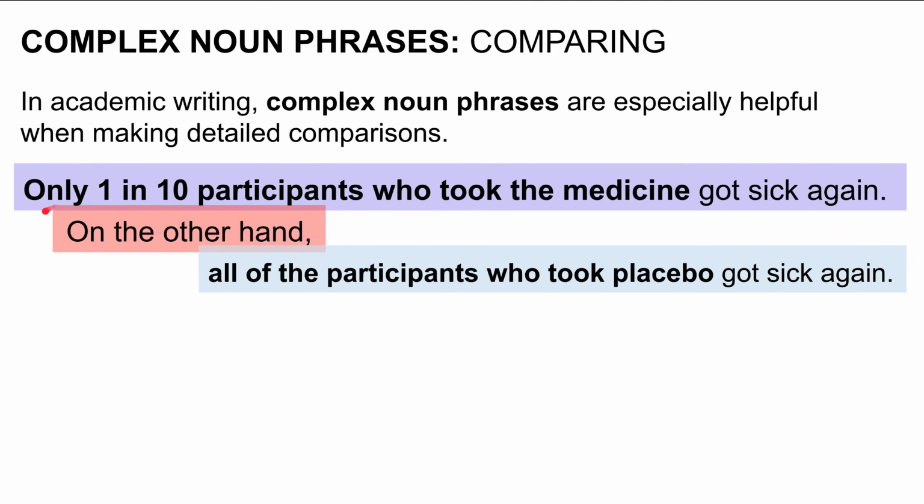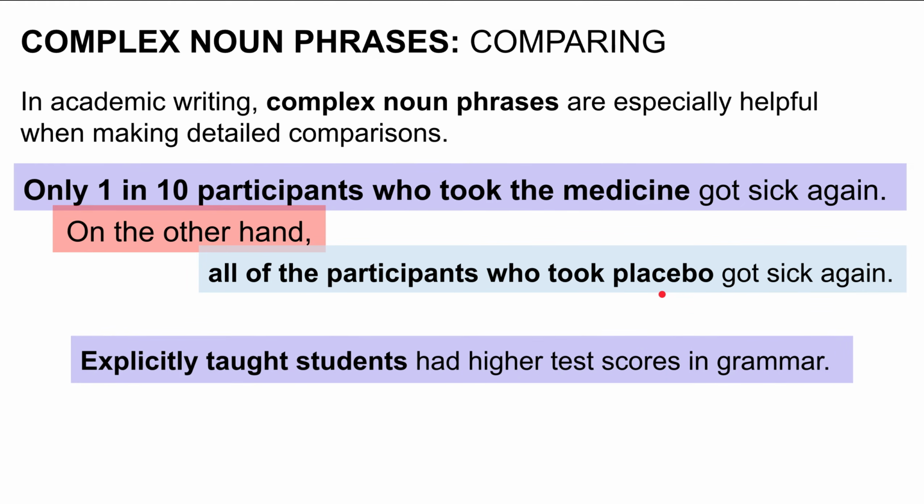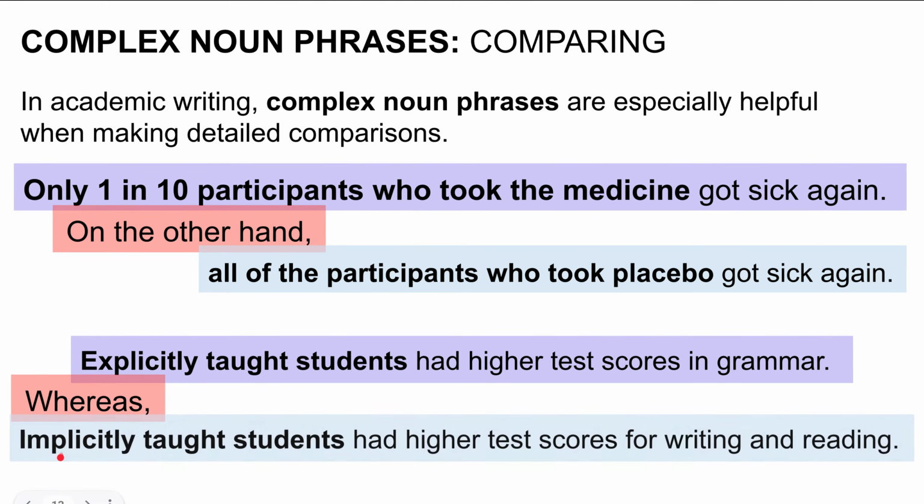Okay, here we have some very complex noun phrases. So only 1 in 10 participants who took medicine, and all of the participants who took the placebo. Let's look at another example. Explicitly taught students had higher test scores in grammar, whereas, my comparison transition that compares, implicitly taught students had higher test scores for writing and reading.